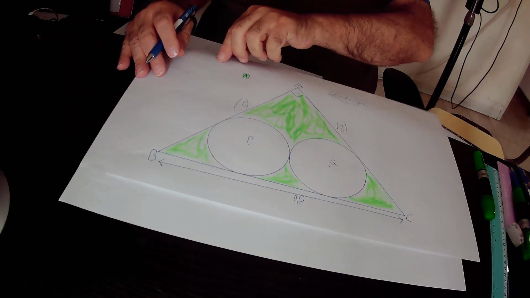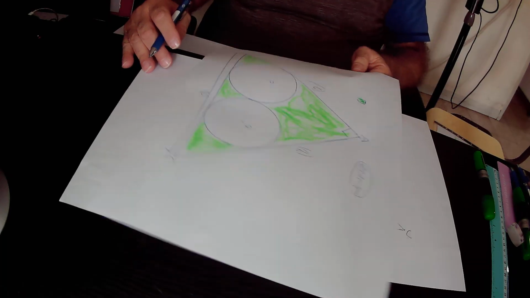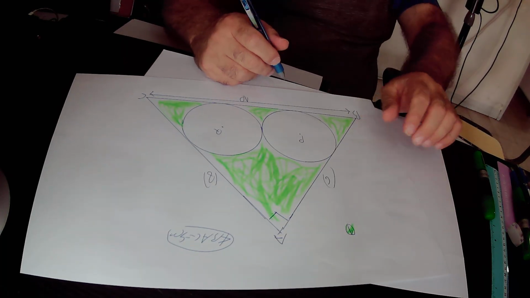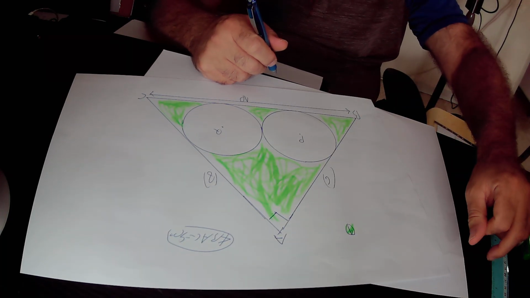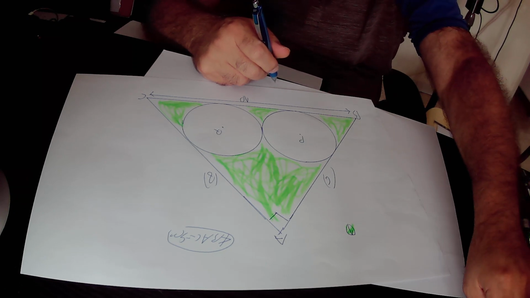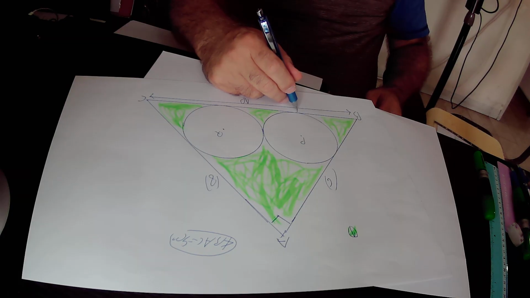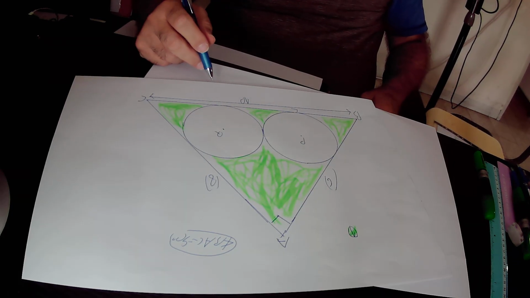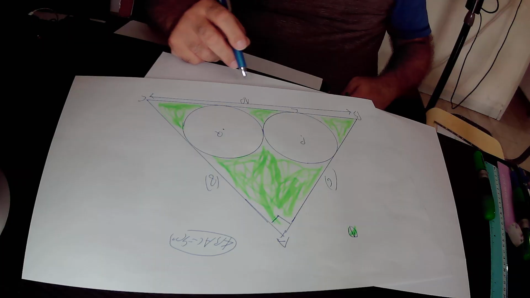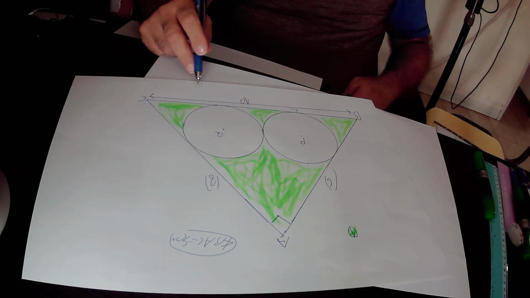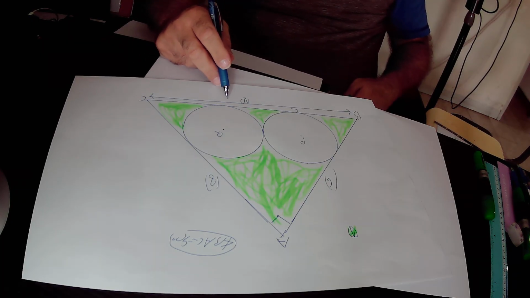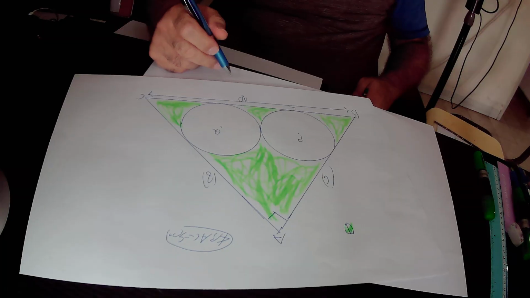This point is point L. We define the point of tangency of BC with this circle. This point is point K.